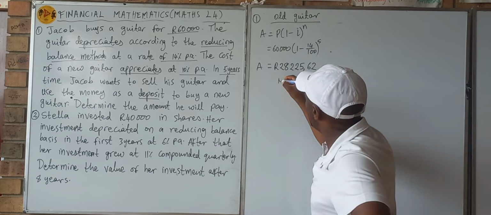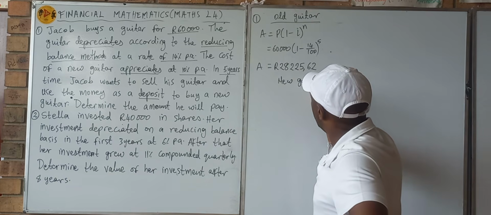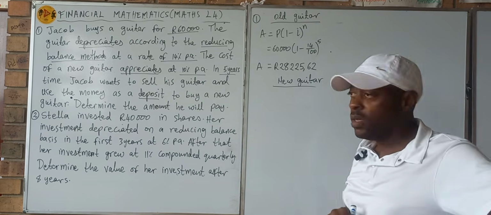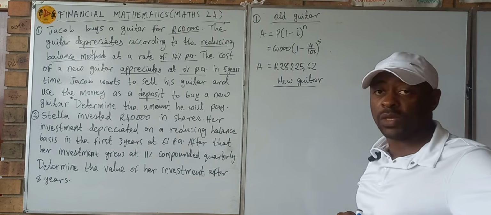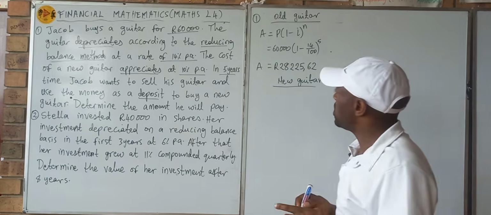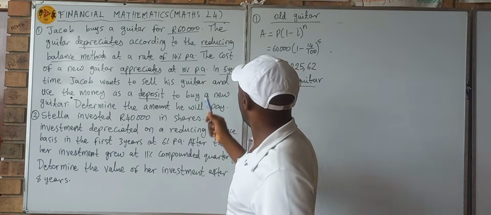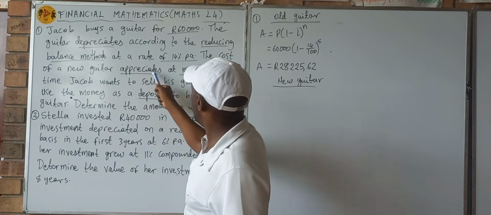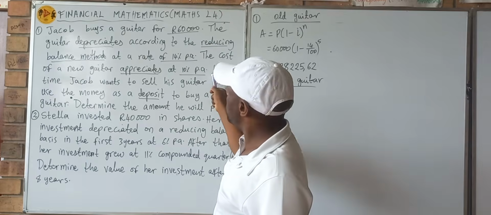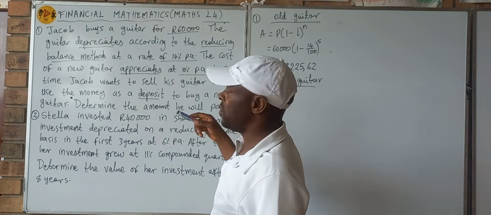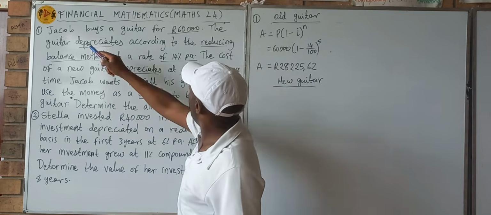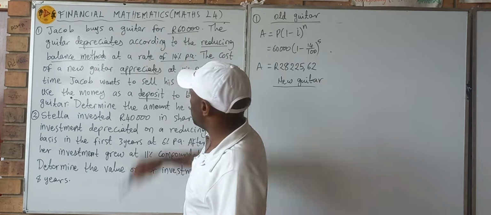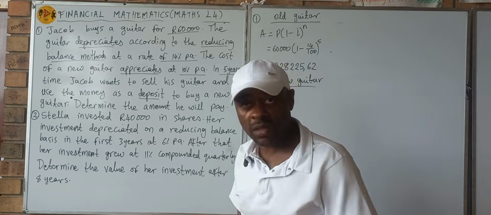Now it's time to look at the new guitar. Jacob wants to buy a new guitar, but the old guitar must be used as a deposit. But there is an interesting story about the new guitar. It says the cost of the new guitar appreciates 10%, which means the guitar that Jacob bought 5 years ago at 60,000 can no longer be bought at 60,000 now.